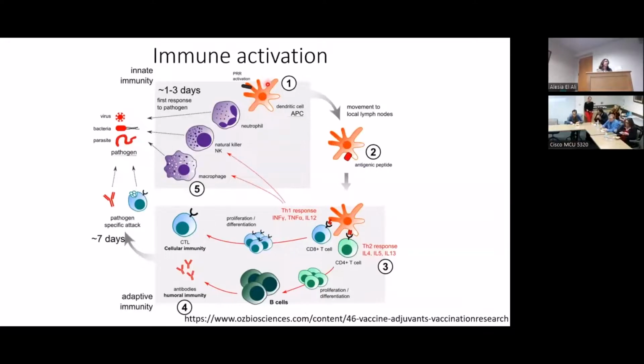This causes the dendritic cell to move from the site of infection to the local lymph node, or the draining lymph node, and initiate the adaptive immune response, which leads to both cellular and humoral immunity and clearance of the pathogen. And this happens in about 7 days.